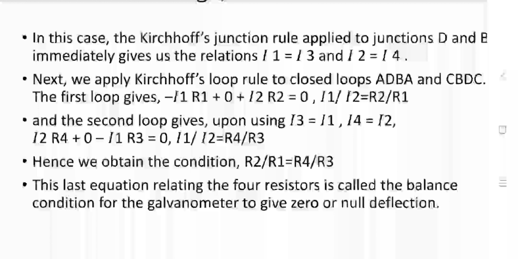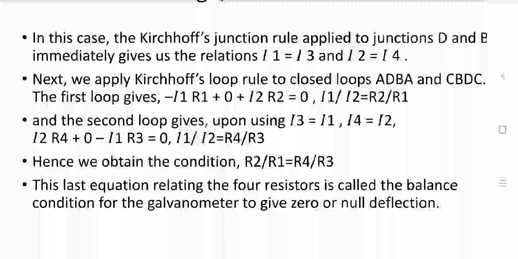Now, this same equation can also be utilized if any of the resistors is unknown. For example, R1, R2 and R3 are known values in that Wheatstone bridge. R4 we don't know, so we want to determine the value of R4. And again we say that no current is flowing through the galvanometer, Ig is 0.